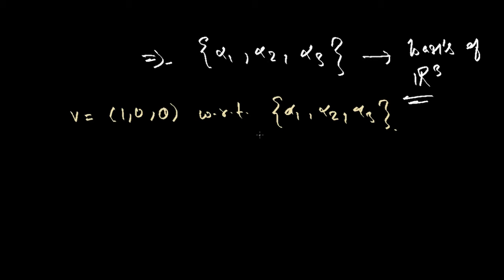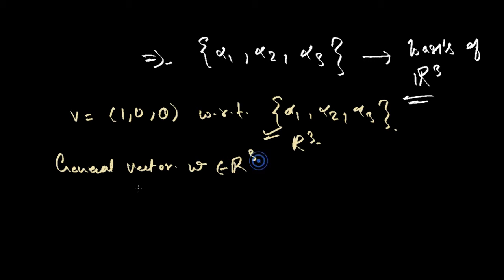So if this is the basis of R3, then any general vector, say W from R3, can be written as a linear combination of these elements of the basis, right?